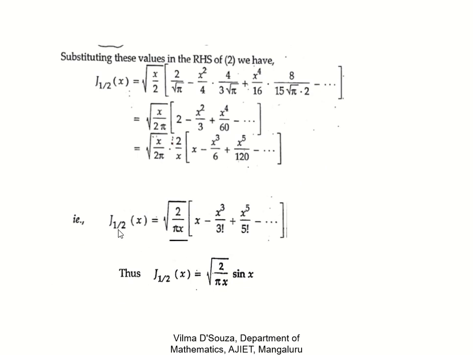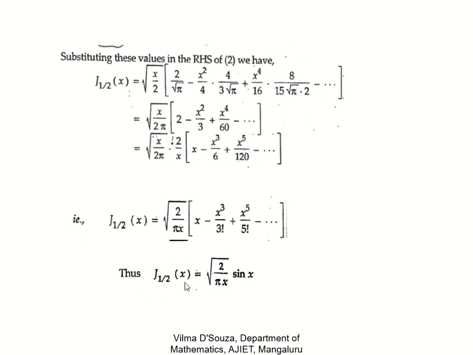So J half of x is equal to this root x by x, that is root x, 2 by root 2, root 2 in the numerator. So root 2 by pi x into x minus x cube by 3 factorial plus x to the power 5 by 5 factorial, and so on.